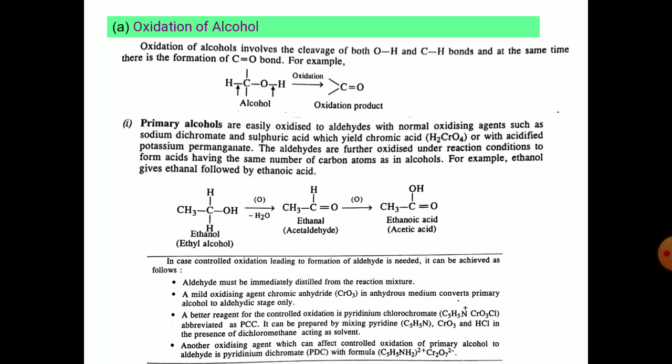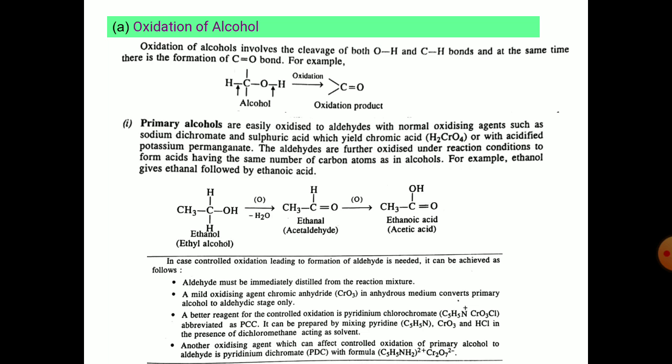In case controlled oxidation leading to the formation of aldehyde is needed, it can be achieved as follows. Number 1, the aldehyde must be immediately distilled from the reaction mixture. Students, if you want to stop the reaction at the aldehyde stage and we don't want acid, then what should be done?